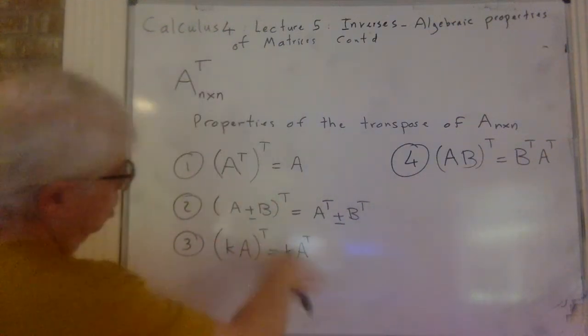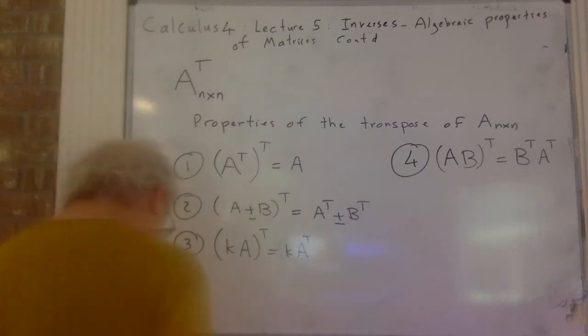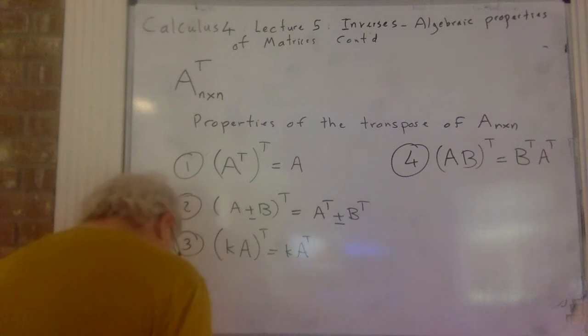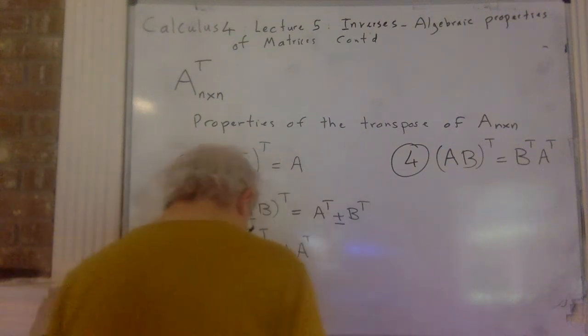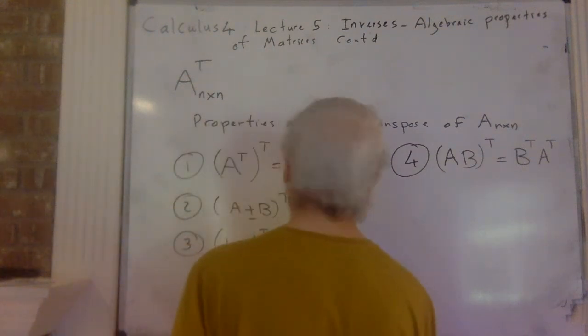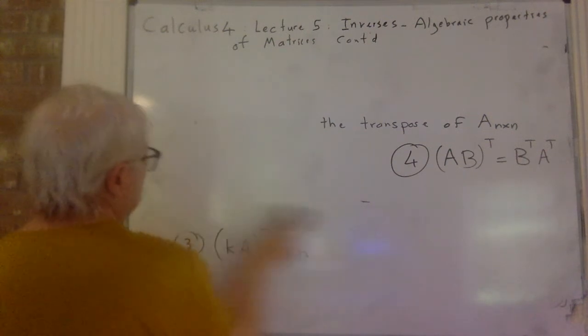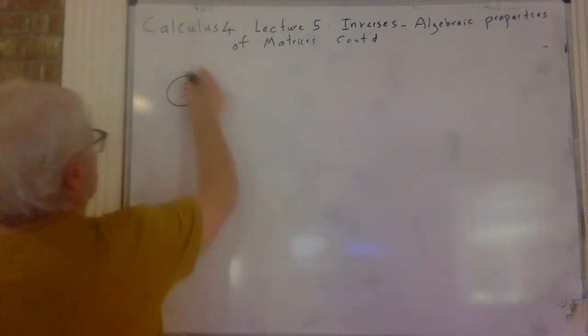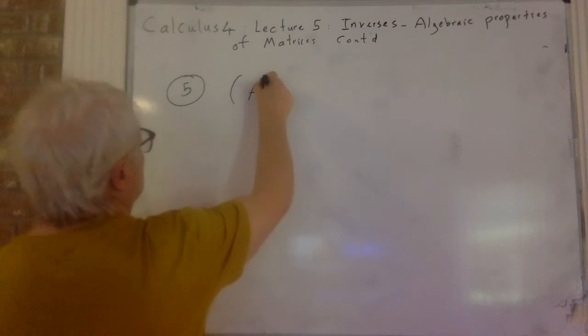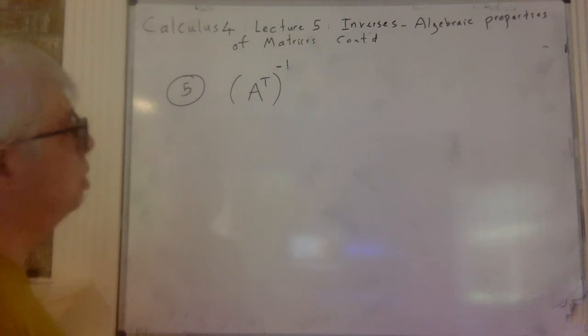These are easy to understand and even prove, but the last one is not that easy to understand. And one last property, let me write that number 5 here, which is important. So what is the inverse of A transpose? If A has an inverse, then A transpose has an inverse too.